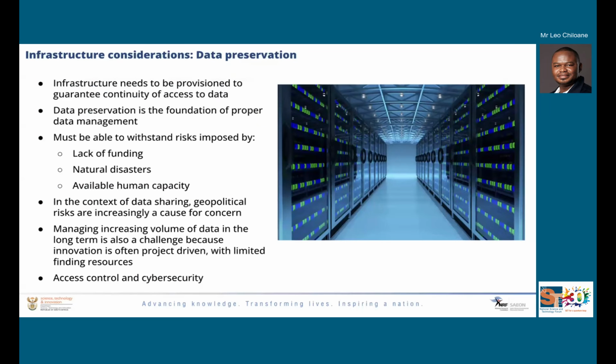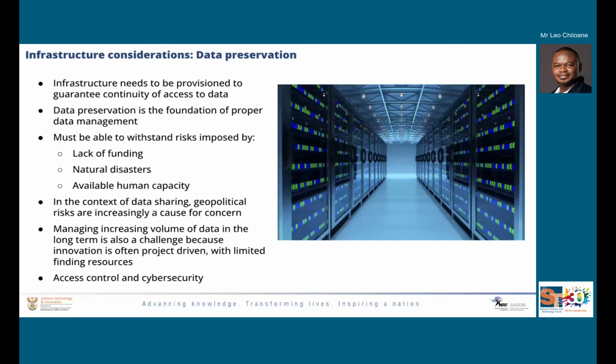So from the foundation layer, one has to focus on what are the infrastructure considerations. And I would say from an infrastructure view or data and data management view, data preservation is actually the most important layer of information management, regardless of what other services are provided.